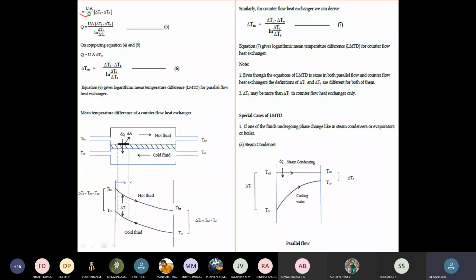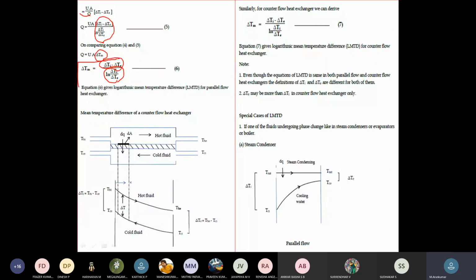On comparing equations 4 and 5, the previous equation and this equation, Q will be equal to U into A into delta Tm. So delta Tm will be equal to (delta Ti minus delta Te) divided by ln(delta Ti / delta Te).